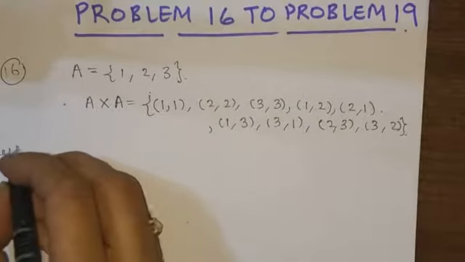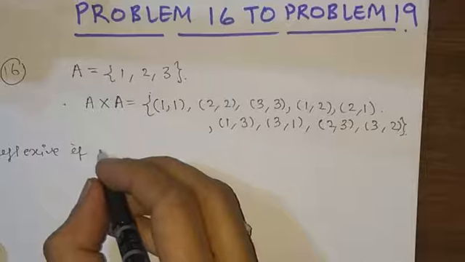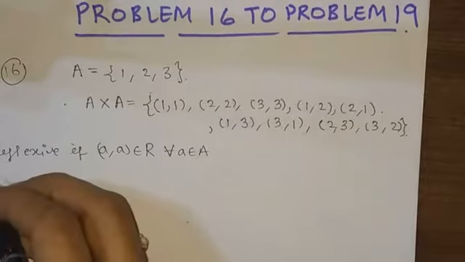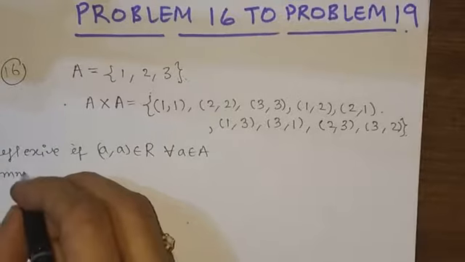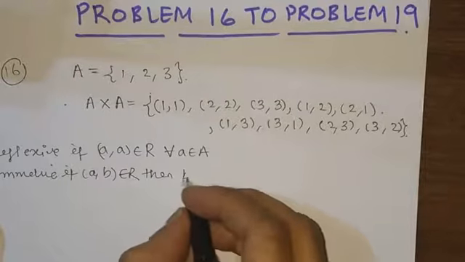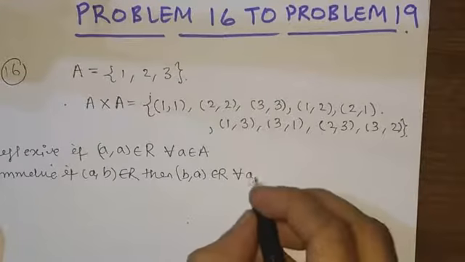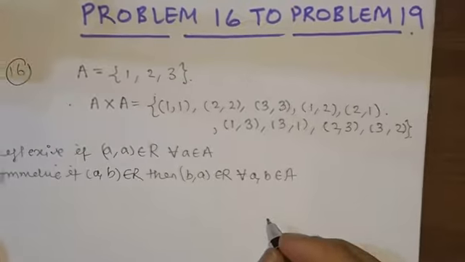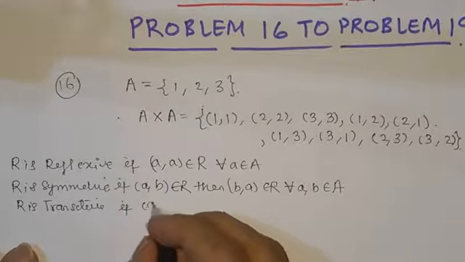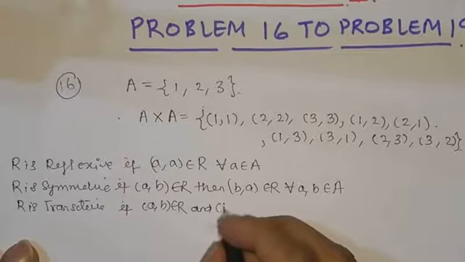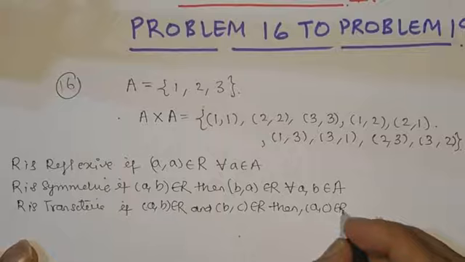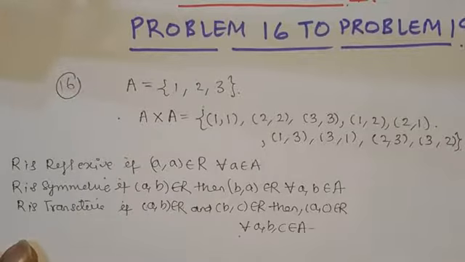So R is reflexive if (a, a) belongs to R for all a belonging to A. Then R is symmetric if (a, b) belongs to R, then (b, a) belongs to R, for all a, b belonging to the set A. And R is transitive if (a, b) belongs to R and (b, c) belongs to R, then (a, c) will belong to R, for all a, b, c belonging to the set A.